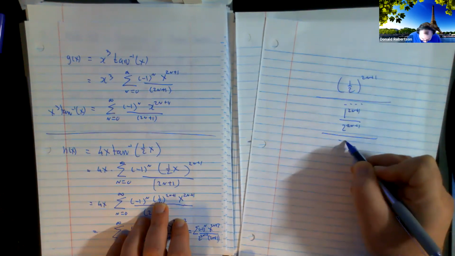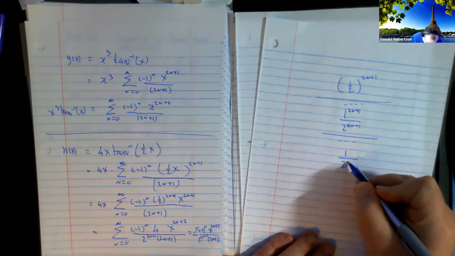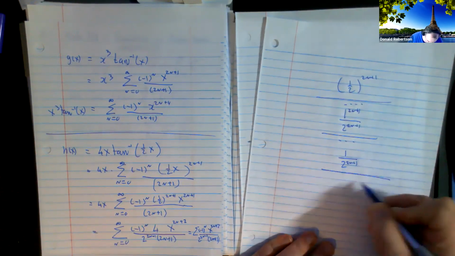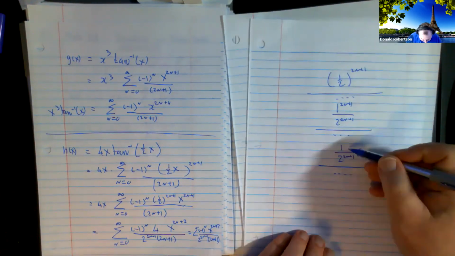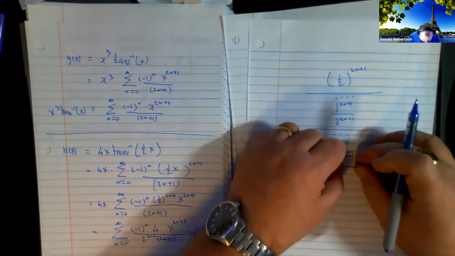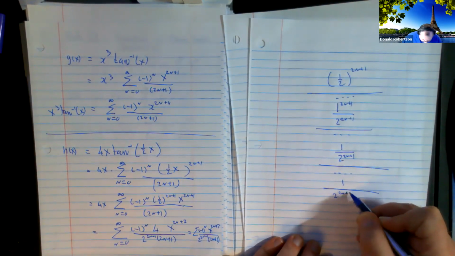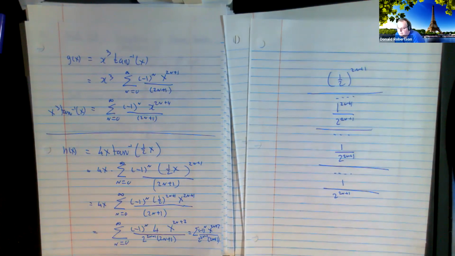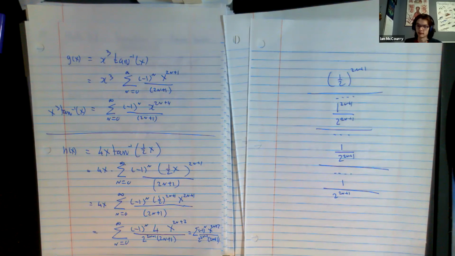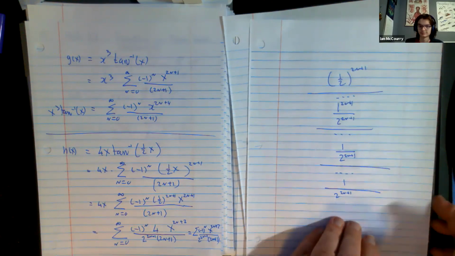Stuff in the bottom. And then I said, well, that guy in the top's just 1. Stuff in the bottom. And you don't really want fractions with fractions on it, so you can pick that guy and stick him in the bottom. And that's how the 2n plus 1 ended up in the bottom. Okay, that makes a lot more sense. Thank you. Okay.